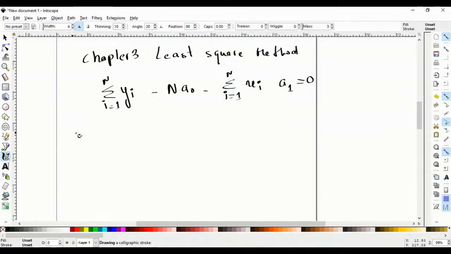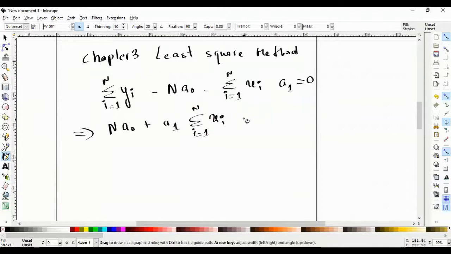So basically what you get is that n times a0 plus a1 multiplied by the sum from i equals 1 till n of xi equals the sum from i equals 1 till n of yi.